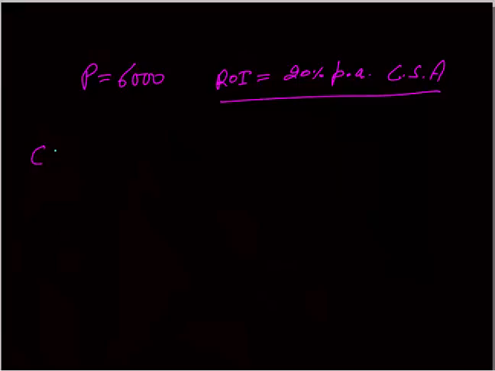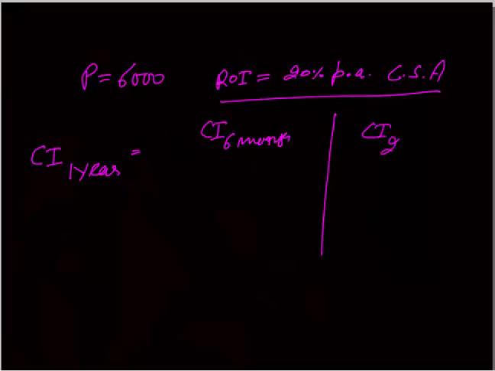Now first, let's say I need to calculate compound interest for 1 year. Here I will calculate compound interest of the first 6 months, then compound interest for the second 6 months.